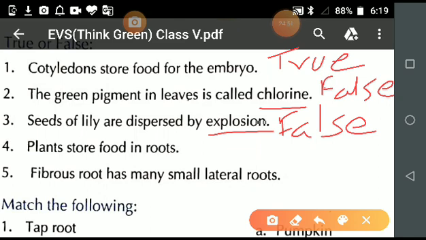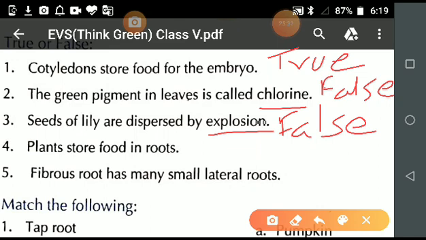Another function of a root: roots hold the soil. Is it clear? Plants are also very helpful to stop soil erosion, because washing away of soil is called soil erosion. That is the reason we always say plant more and more trees.